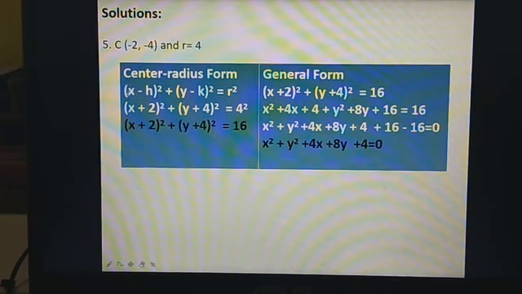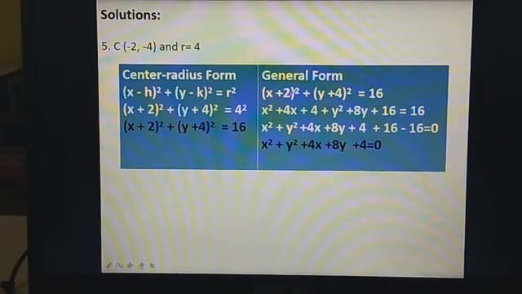So, minus negative 4, double sign. That's why this is plus 4 square. Is equal to the radius 4 square, which is 16. So, the center radius form will be the quantity of x plus 2 squared plus y plus 4 squared equals 16. Ngayon, i-rewrite na natin to papuntang general form.